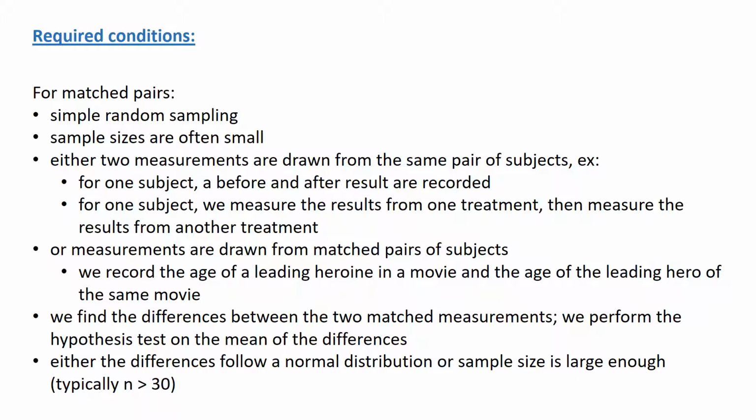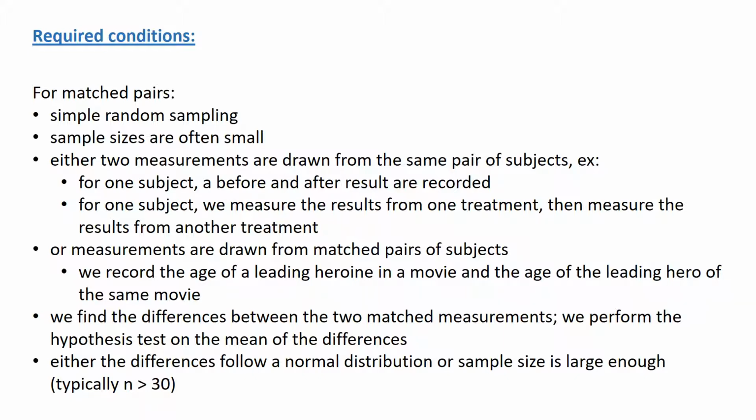So we would take a single subject, measure his blood pressure before medication, and then again after, and take the difference to find the change in blood pressure after using the medication. We would take the same subject and measure his blood pressure in his right arm and his left arm and subtract. And the difference would be the measurement for that subject.